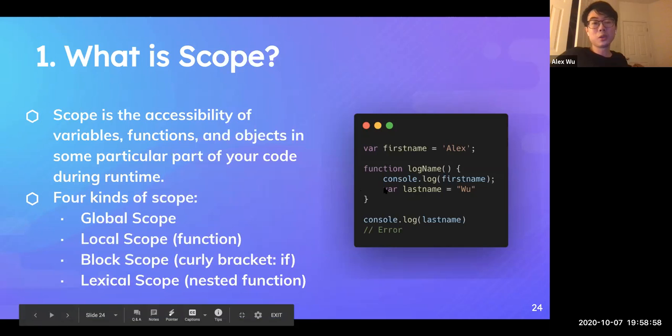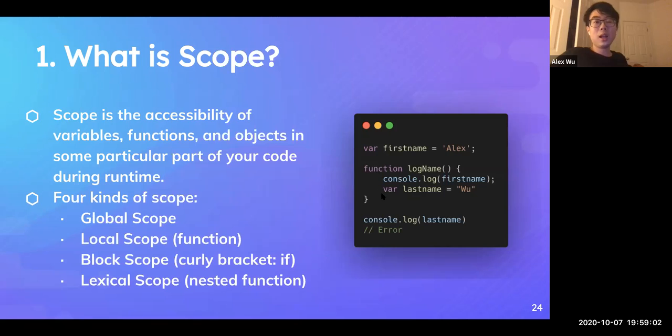So this is local scope: variables defined within a function. You cannot access something from the local scope in the global scope. So if there's a console.log statement here in the global scope, you cannot access some variable defined here in the local scope.